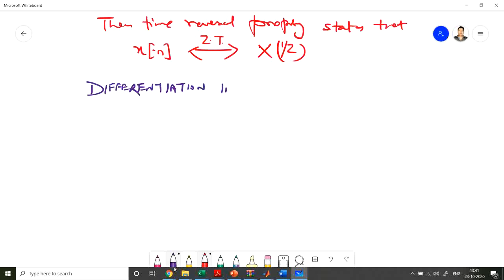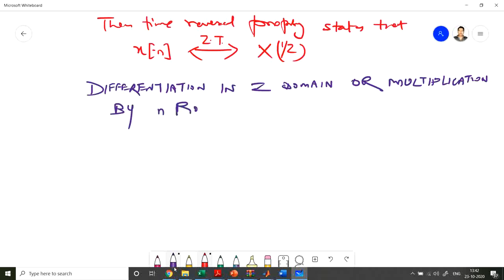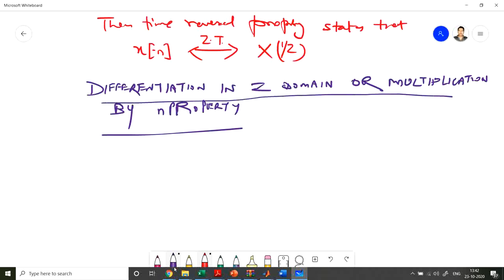Likewise in continuous time, if you have x(t), the Laplace transform is X(s), if you remember, then minus t into x(t) gives the Laplace transform minus dX(s) divided by ds.